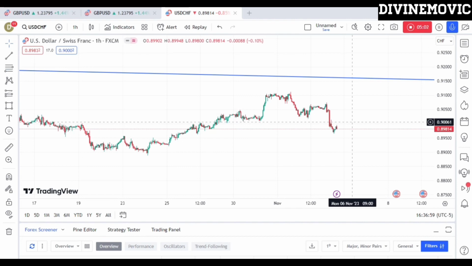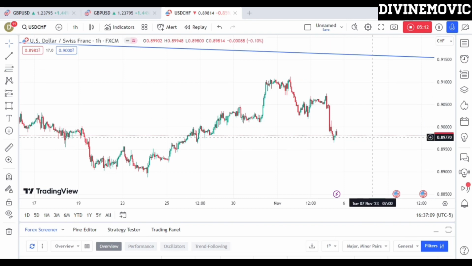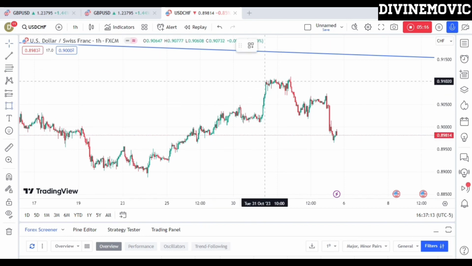A rally is simply where there's an impulsive move, or big candles. Now how do you do that? First of all, you can see here, this is our rally.